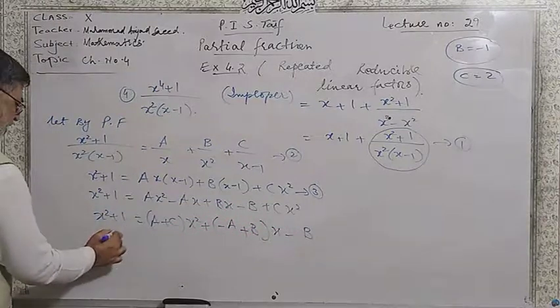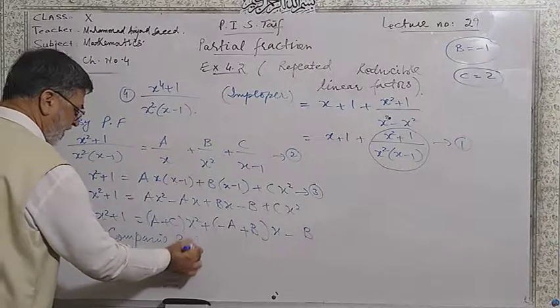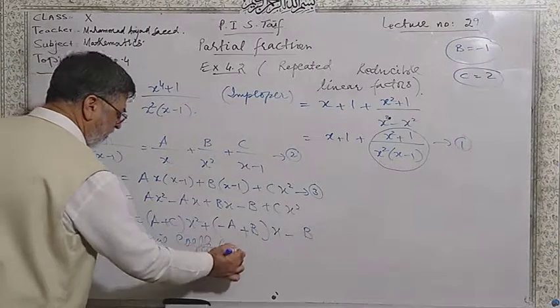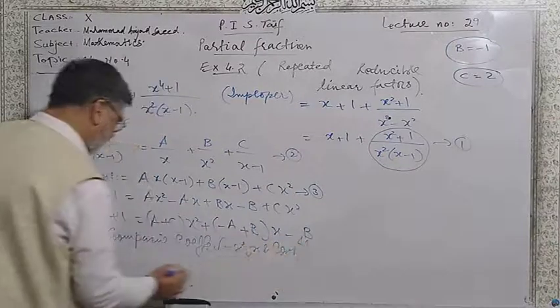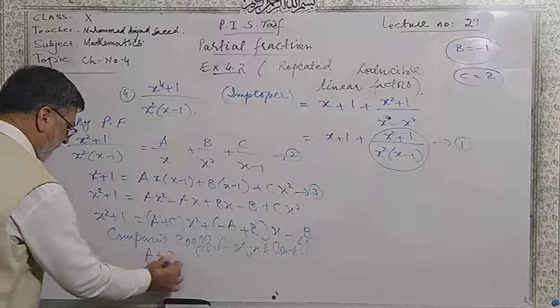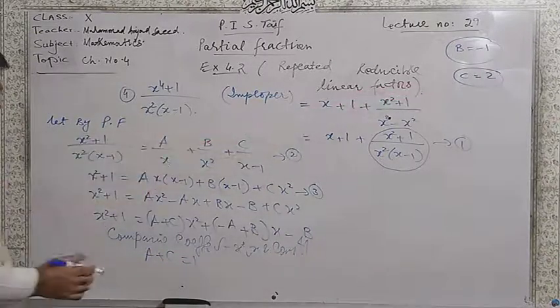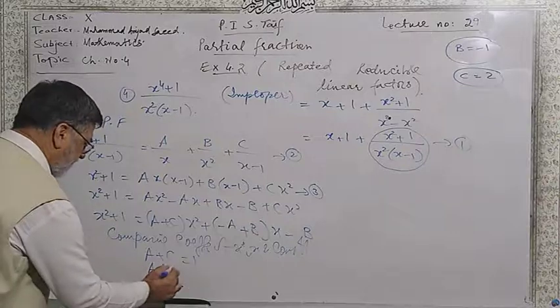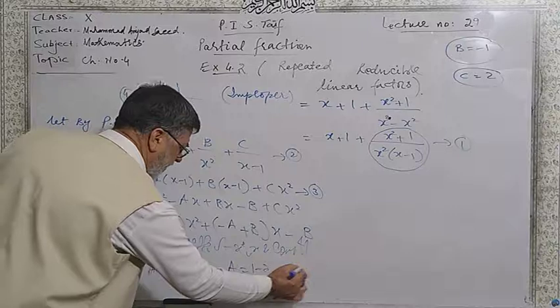X square plus 1, comparing coefficients of x square, x and constants. So a plus c is equal to 1. What about c? C is 2. So a plus 2 is equal to 1 implies that a is equal to 1 minus 2 is minus 1.